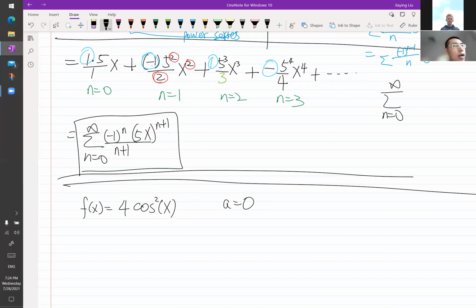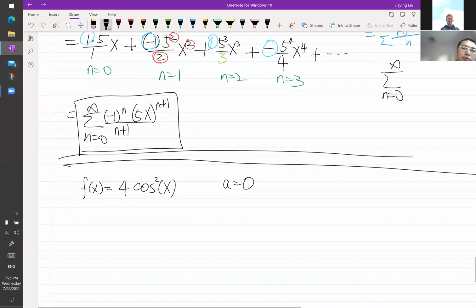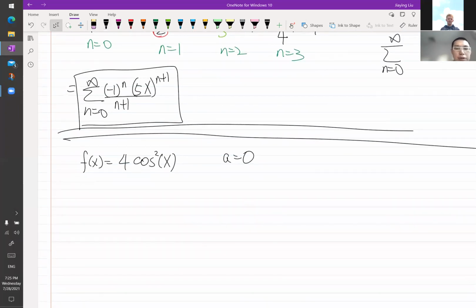Okay. So this one, I think I'm going to let you try because it's really about taking the derivative and being careful with the values you get. I'm going to let you try this, and if you have questions, I'm going to answer tomorrow. And be careful when you take the derivative each step. The 4, just leave it.